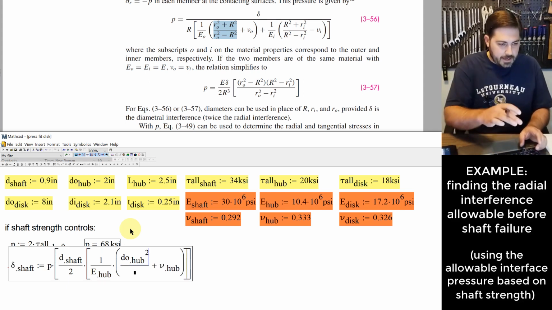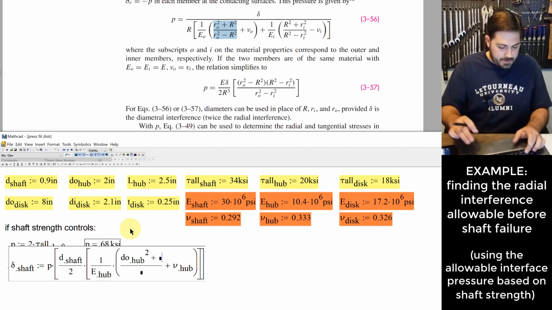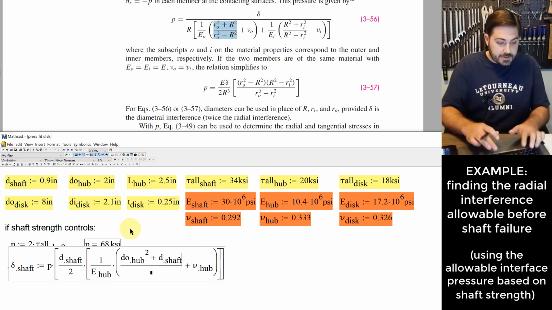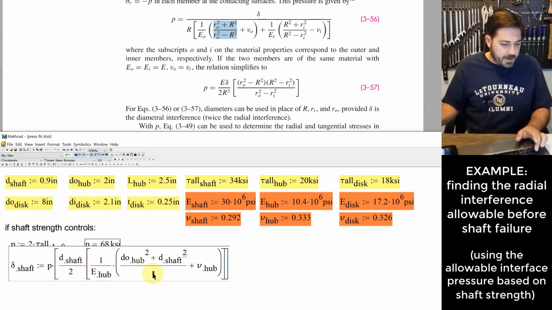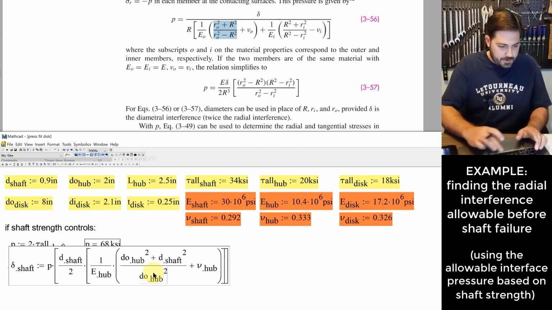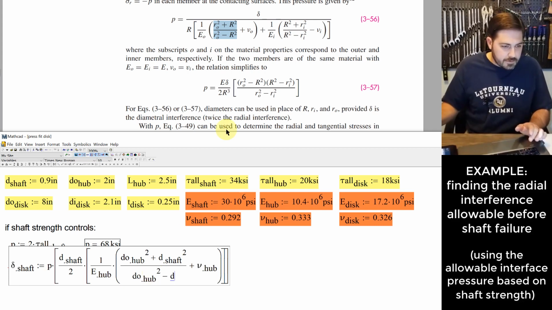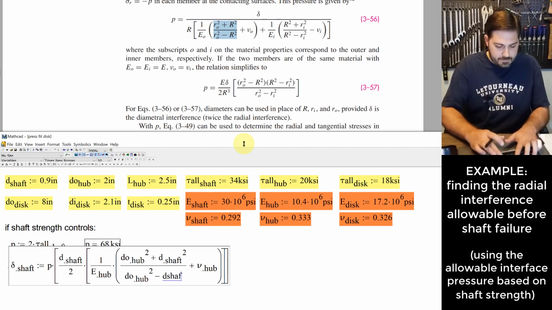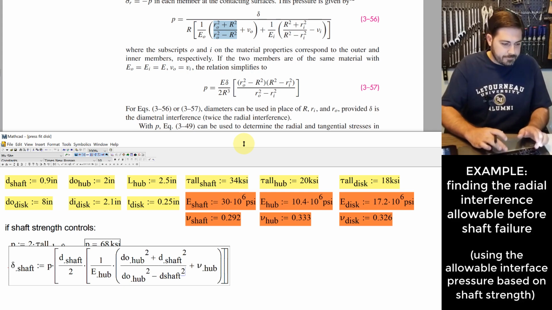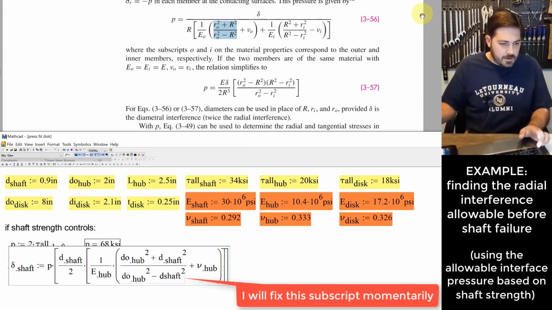Then I'm going to add to it the diameter of the shaft, which is the interface diameter, and that'll be squared. This will be divided by DO hub squared minus D of the shaft squared. Okay. And so that takes care of all of that first part of this thing.